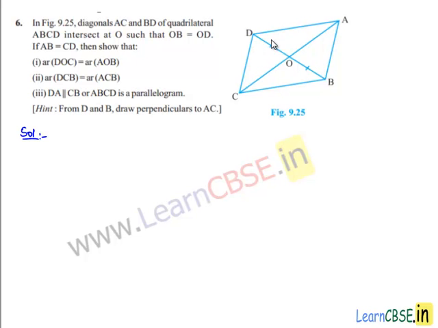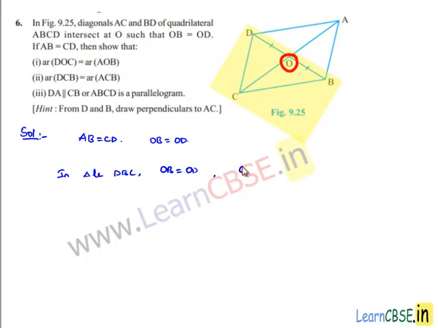Here we are given a quadrilateral ABCD in which AB is equal to CD, and also OB is equal to OD. Now let us consider triangle DBC, where OB is equal to OD.